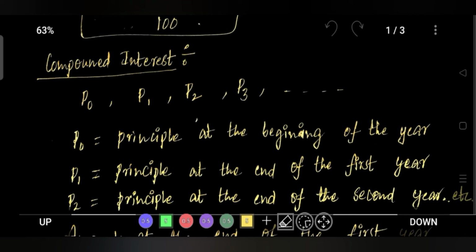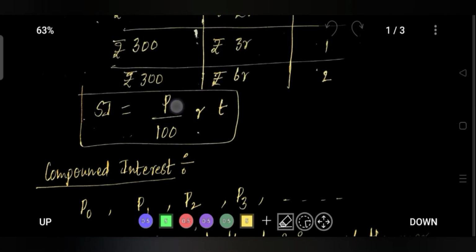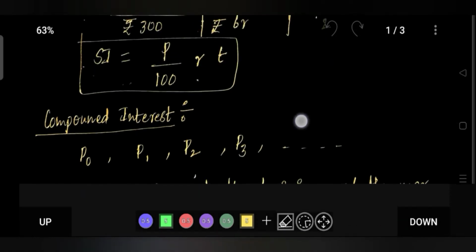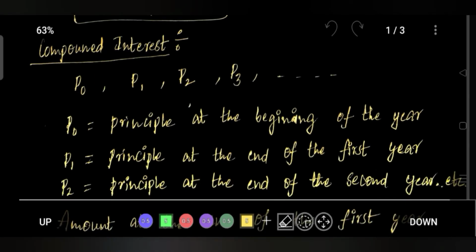Unlike simple interest, where every year the principal is the same amount, in compound interest the principal is renewed at the end of each year with some added amount. That is why we have different principals at the beginning of the next year.